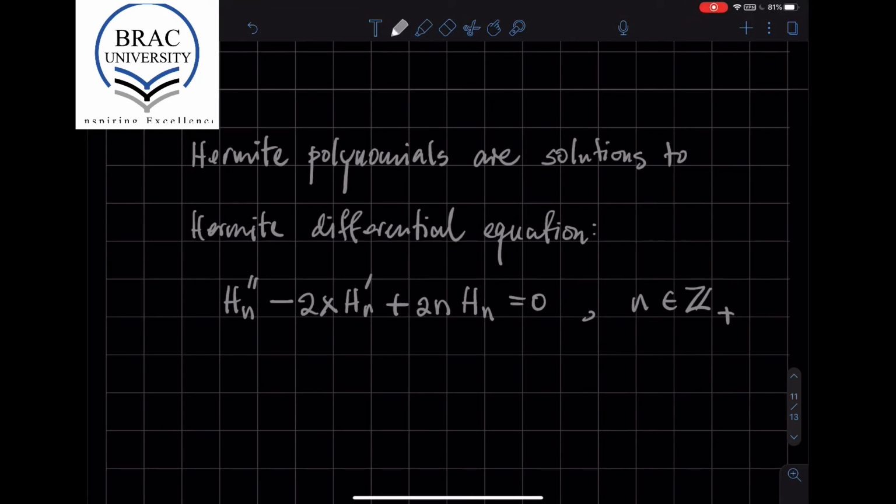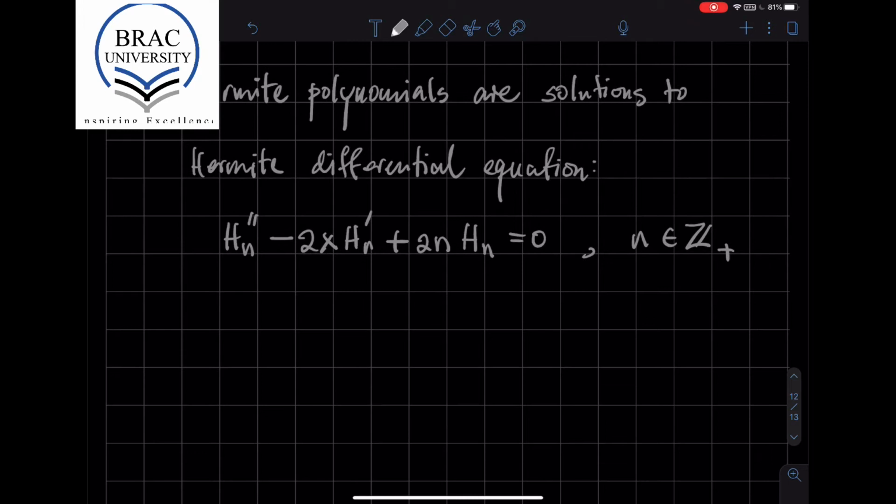Now, the Hermite polynomials form a complete basis of functions for functions defined on any Hilbert space, just as e to the power ikx are a complete set of functions that we can use to express any function in a Hilbert space.